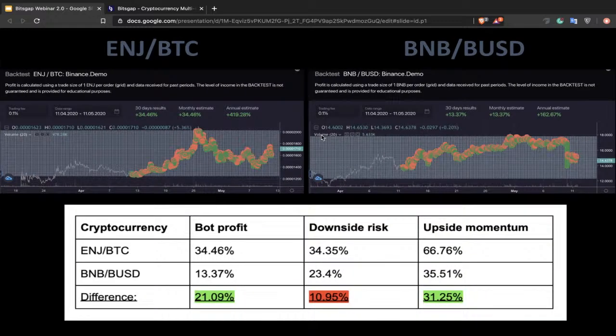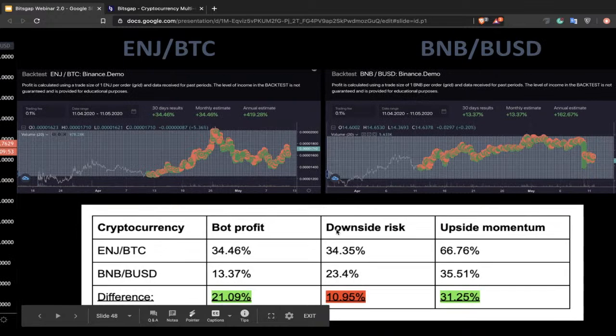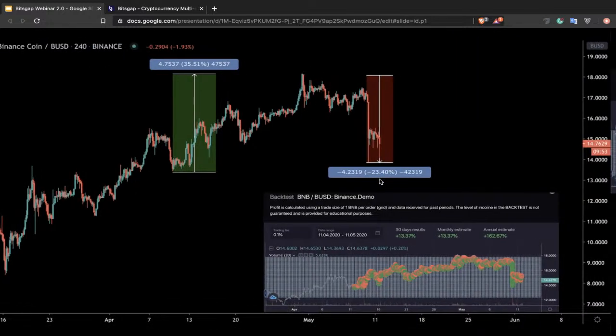When we take this all together to compare, we will find those cryptocurrencies that are optimal and suitable for your own trading style. So if you are risk averse and you avoid extreme volatility and you are trying to find those cryptocurrencies that have a limited risk, in this case BNB could be an option for you because the downside risk for BNB was only minus 23%.